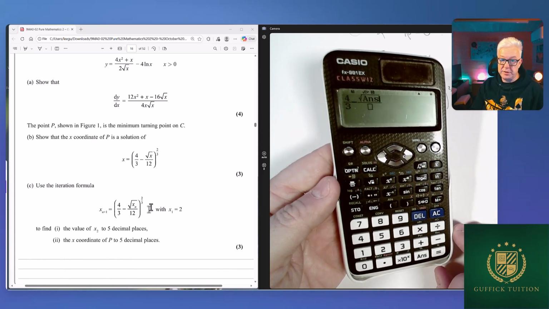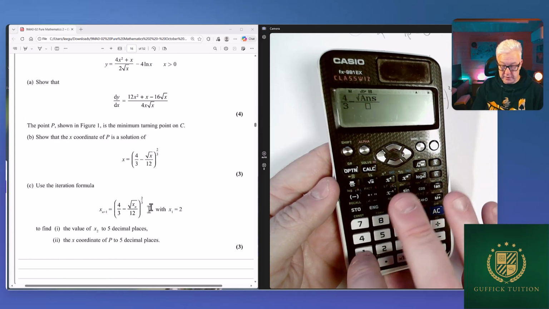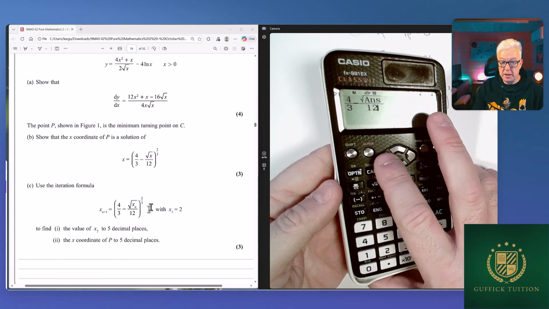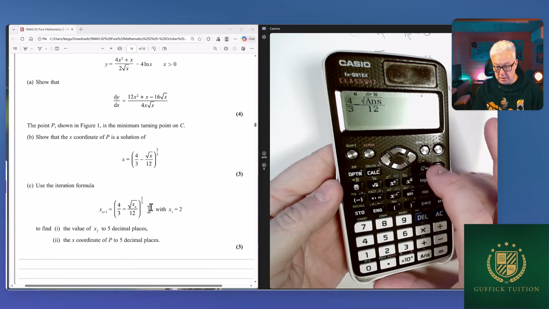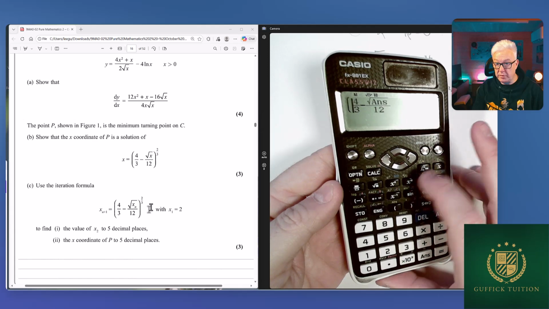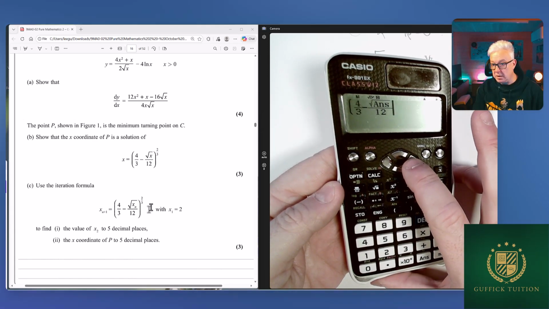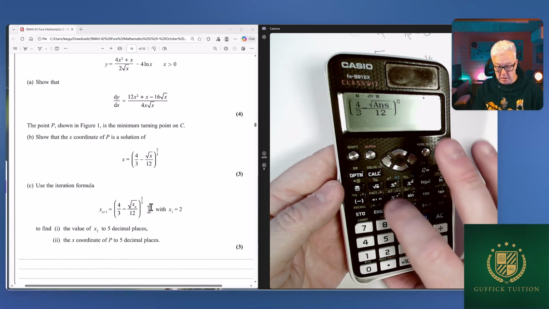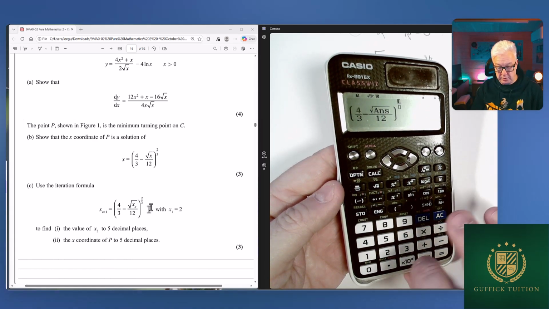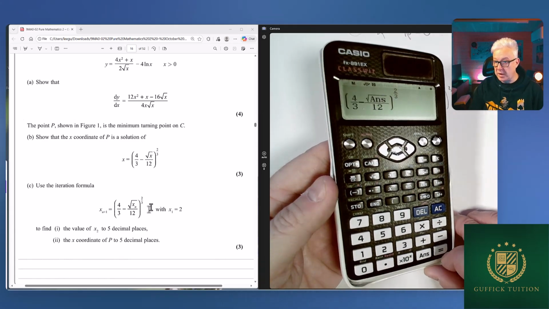There we go, root answer over 12, and then that whole expression is to the power of 2 over 3, so we need a bracket round the whole thing, going all the way back over here, like so, and then to the power of 2 over 3. So we've programmed that whole thing into our calculator.